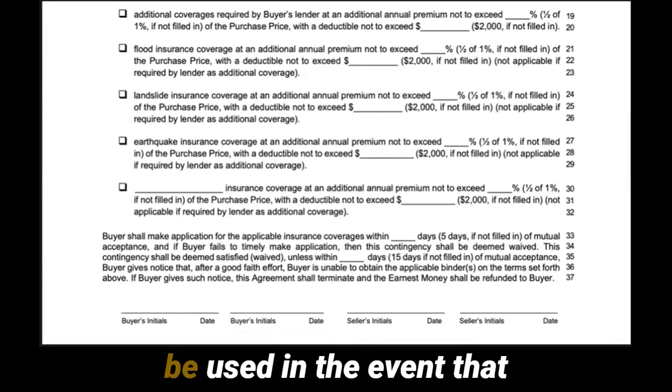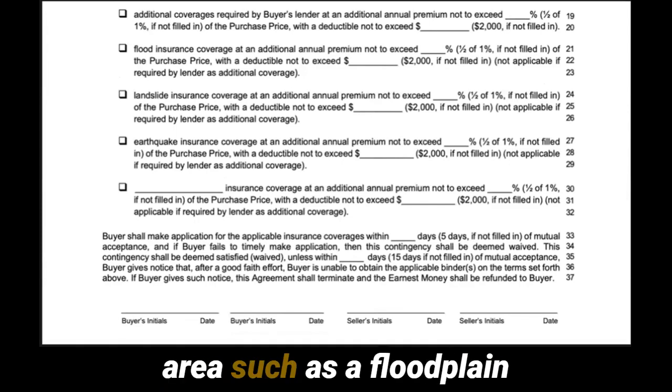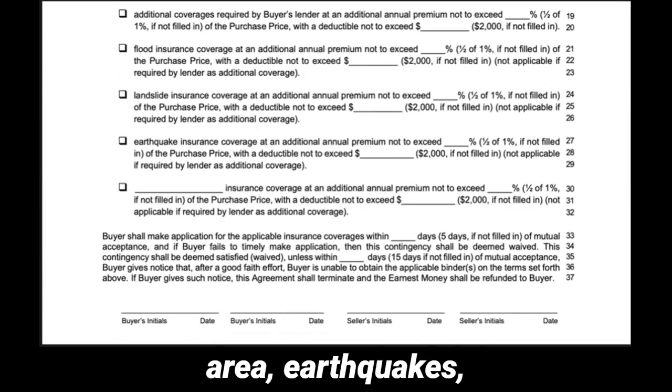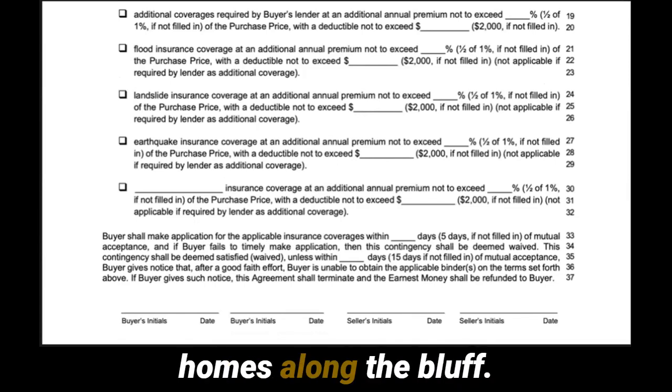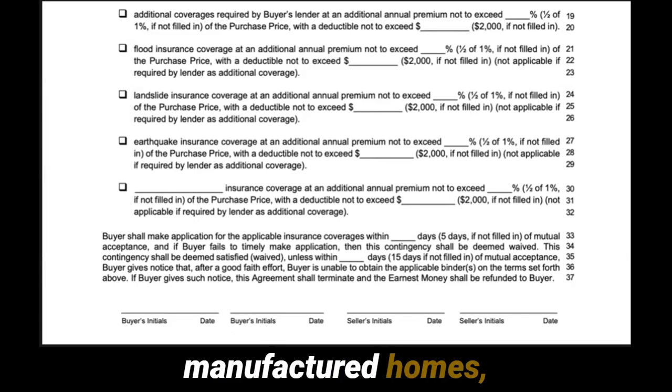This is a form that would be used in the event that you have a property in an area such as a floodplain or fire zone, or landslide area, earthquakes, homes along the bluff, waterfront, or even older manufactured homes.